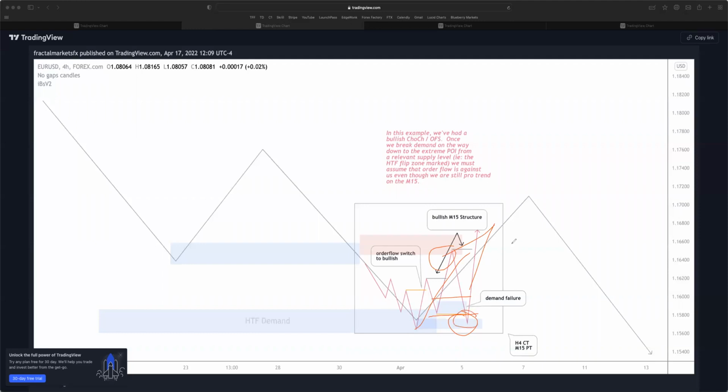From what I just said, without reading into this diagram too far, does the concept of what I just introduced make sense? Yeah. Demand failure can become inducement for extreme demand.